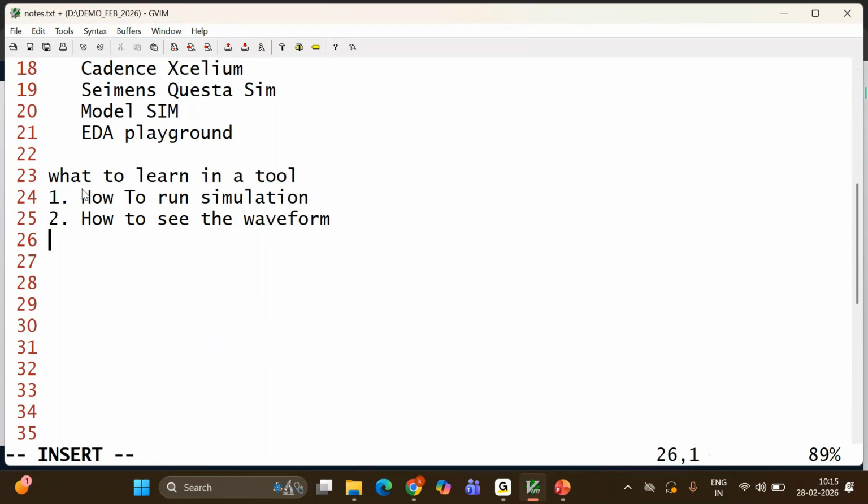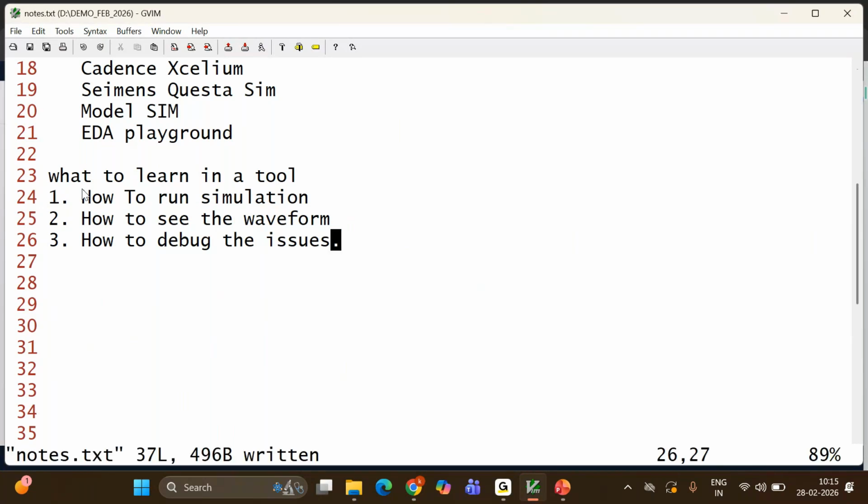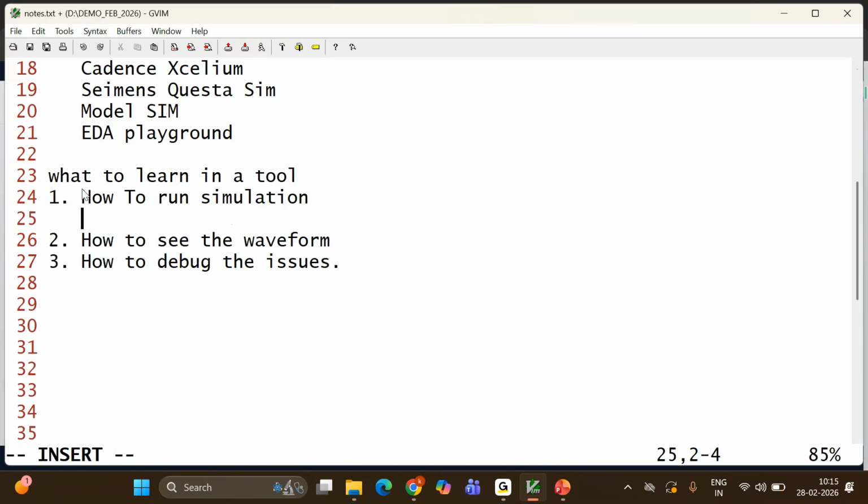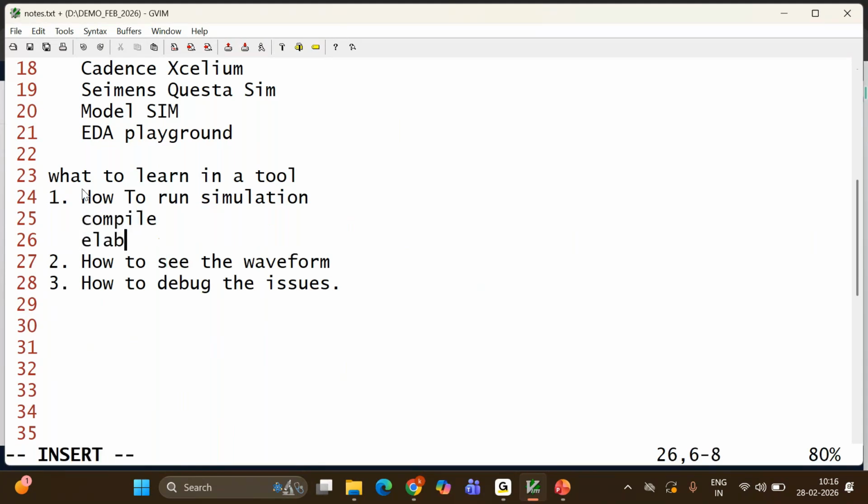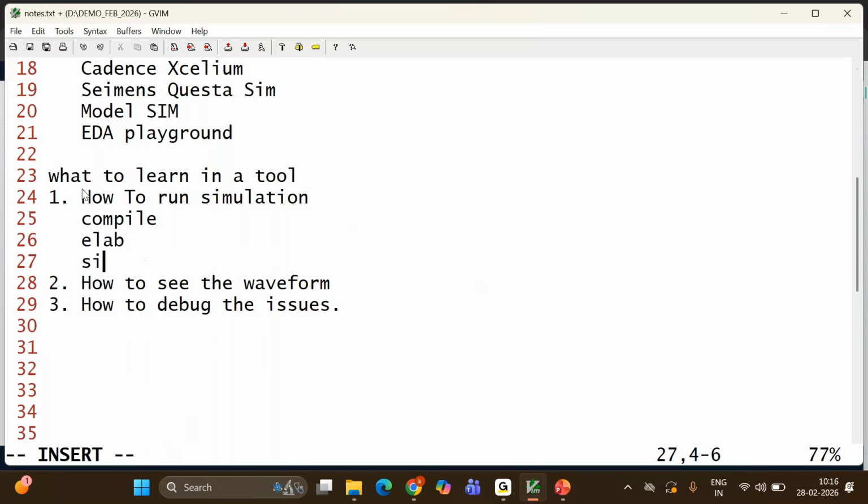Third is how to debug the issues. These are the 3 things you need to learn in terms of a tool. To run the simulation, you have commands such as compile, elab, and simulate. These are 3 steps: compilation, elaboration, simulation.